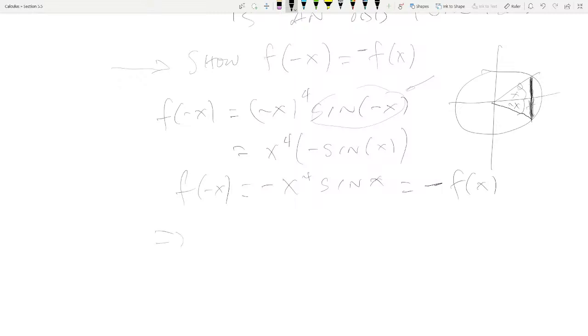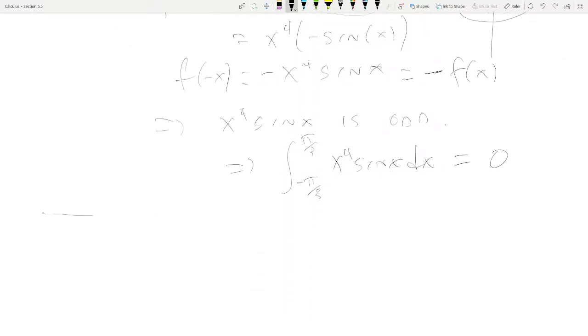Okay, so that means that x to the 4th sine x is odd, and that means that the integral from negative pi over 3 to pi over 3 of x to the 4th sine x is 0, for the reasons I was stating earlier. That you have the same area on the left as the right, but one's negative, so the net area is 0.